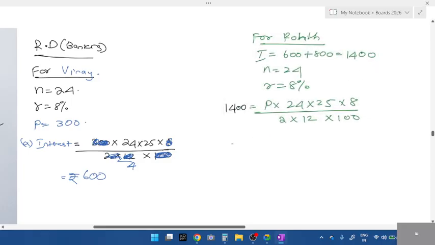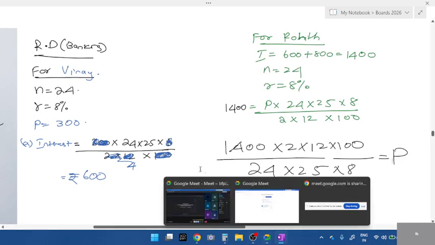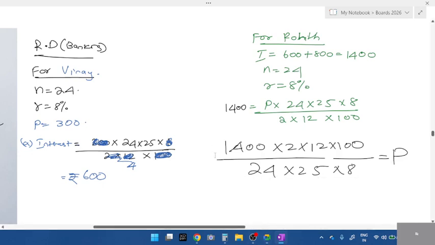Definitely, you'll miss out any numbers. First, shift all the values. 1400 into 12 into 100. Bring down 24 into 25 into 8 is equals to 3. Calculate this. Okay, solve this. Just a minute. I'll be back.